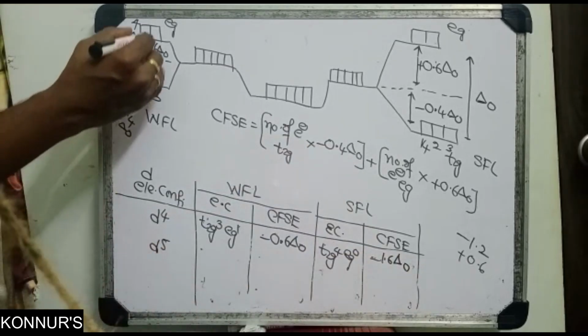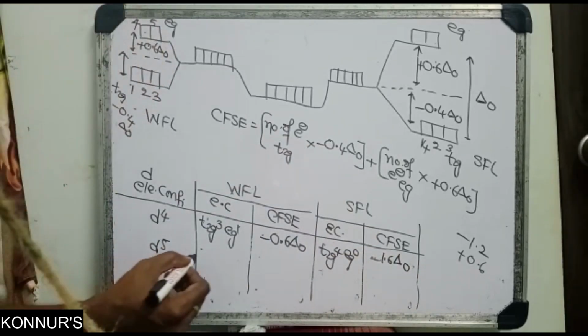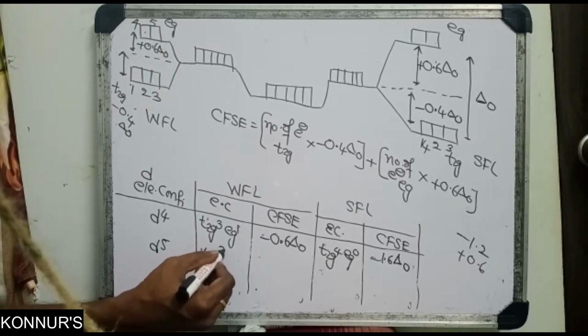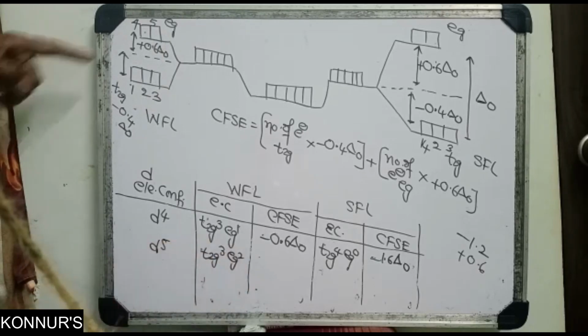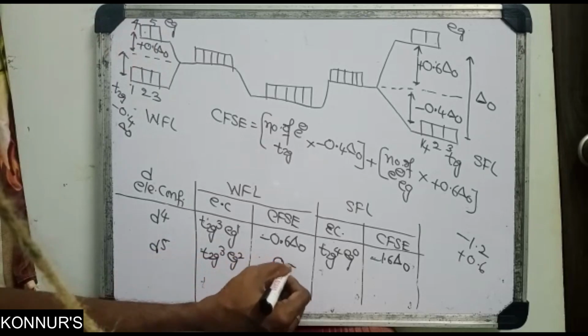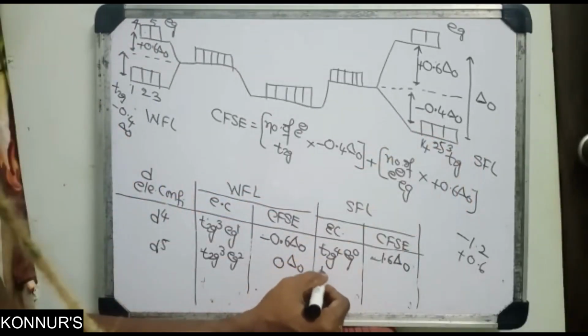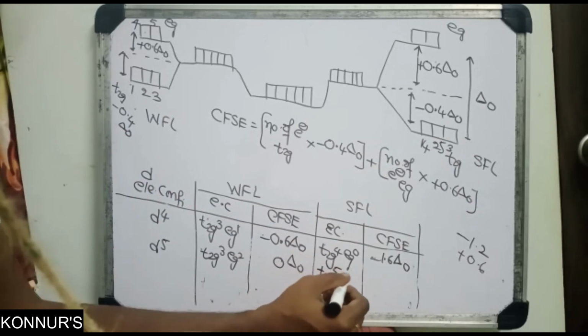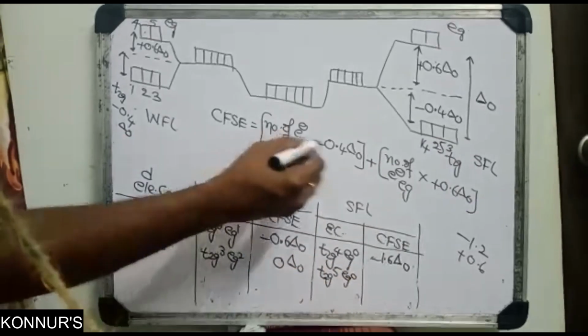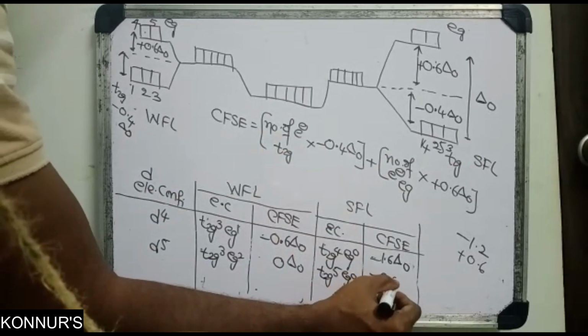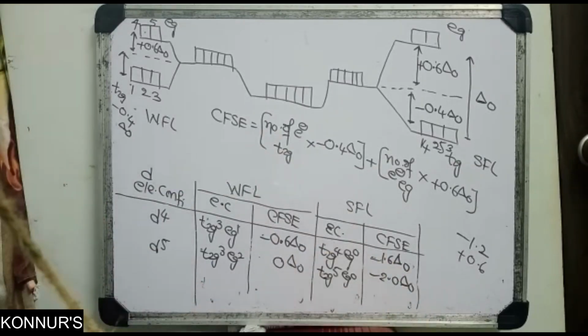D5: in the weak field the fifth electron goes above, T2g3 Eg2, perfectly balanced, so 0 delta 0. In the strong field, the fifth electron is paired with the second: T2g5 Eg0, so minus 2.0 delta 0.